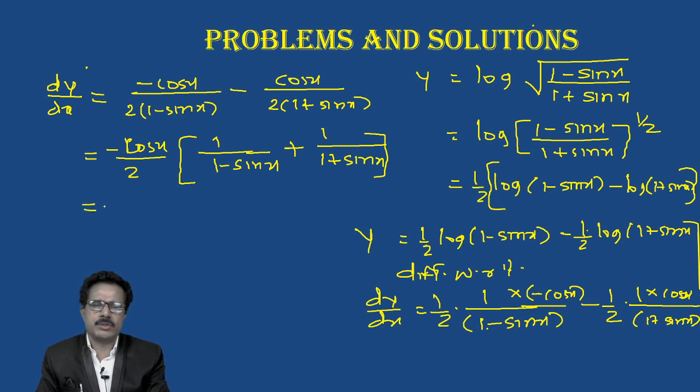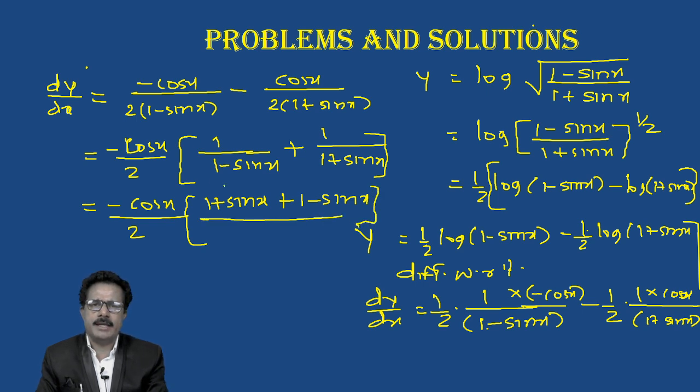that is equal to minus cos x divided by 2 into, now take cross multiplication, 1 plus sin x plus 1 minus sin x divided by, a minus b, a plus b, means 1 minus sin square x. This plus sin x minus sin x gets cancelled.